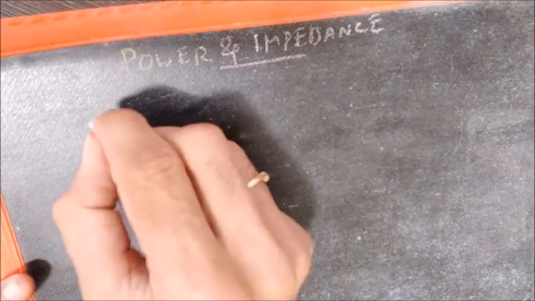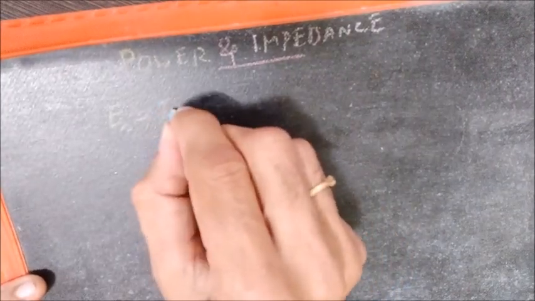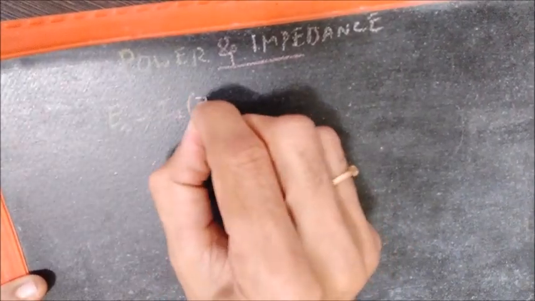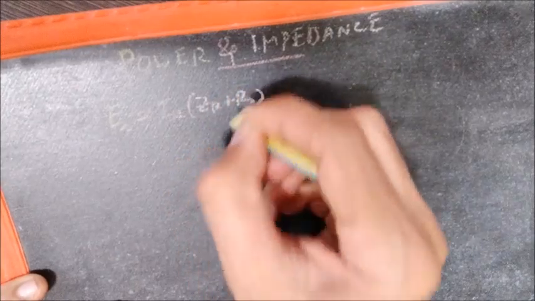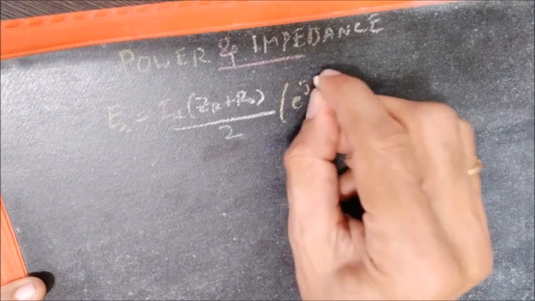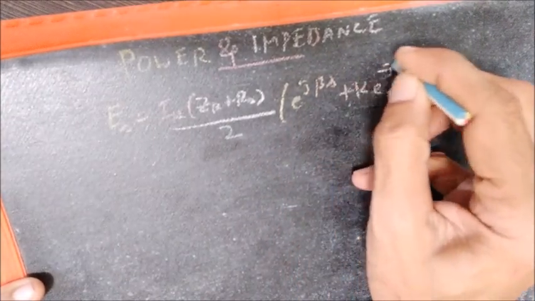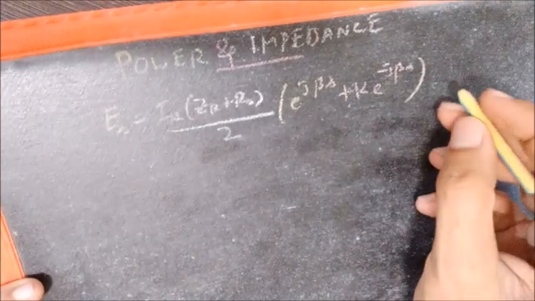So we know that ES is equal to IR (ZR plus R naught)/2 times (e raised to j beta s plus k e raised to minus j beta s).